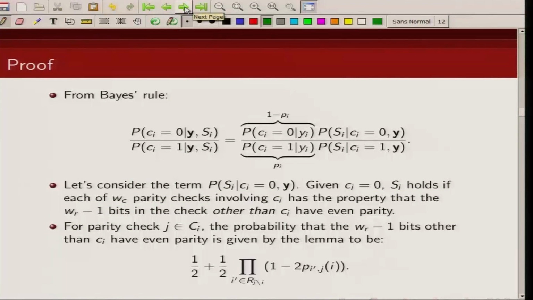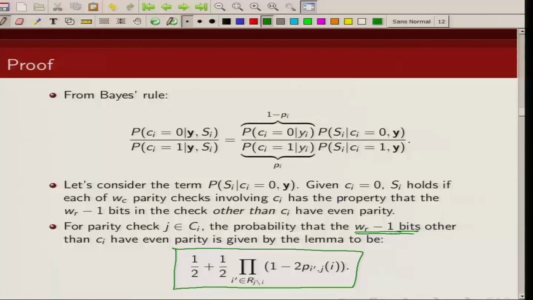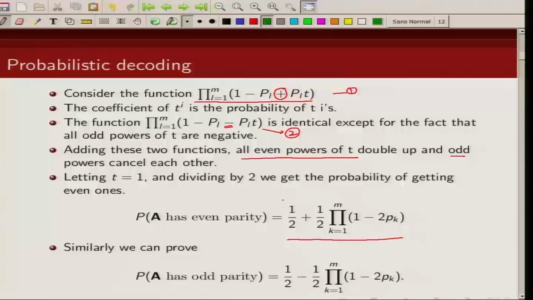Now, from the theorem that we have proved, we know what is that probability. Probability that other than Ci, the WR minus 1 bits have even parity, that probability is given by this expression. If you go back, the probability that m random variables have even parity is half plus half product of 1 minus 2 pk.